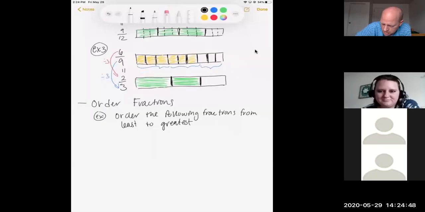There we go. So we're ordering the fractions from least to greatest. That's good, you guys can tell. We're going to use the pictures here.